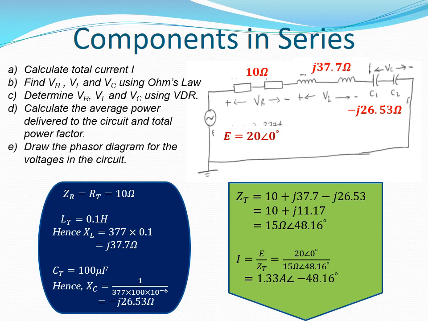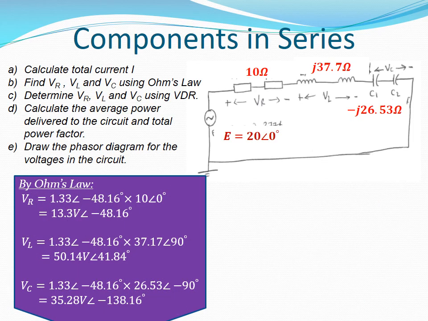Therefore, it works out as 15 ohms at an angle of 48.16 degrees. The total current flowing into the circuit is source voltage over total impedance, and we obtain it as 1.33 amps at an angle of minus 48.16 degrees.